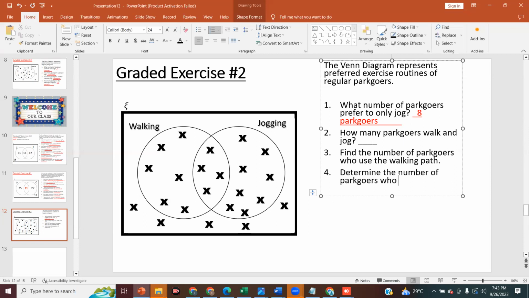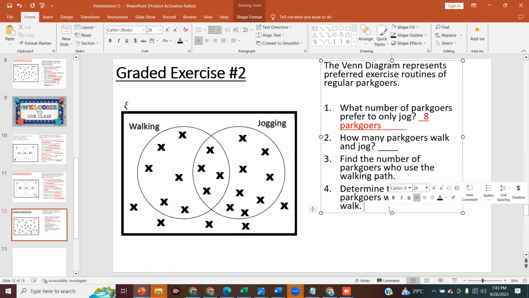Excuse me, Mr. P, I have a question. What do you mean by finding the number of parkers who use the walking path? What do you mean by walking path? I don't know. I have no idea. Determine the number of parkers who prefer to walk.